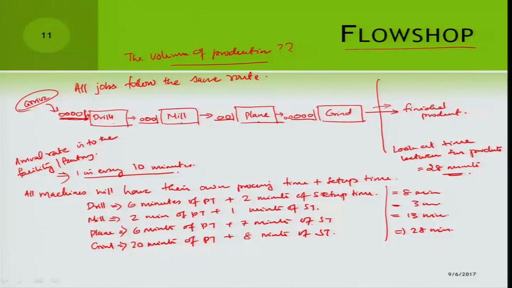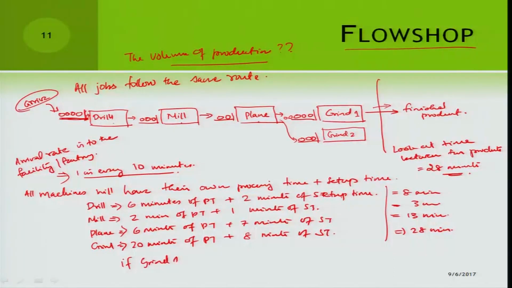Now you know that the grinding machine is the slowest in this case. So, what can I do? Can I put one more unit of grinding machine? I can say grind 2, and this can be grind 1. From here it can go to either one of the grinding machines.